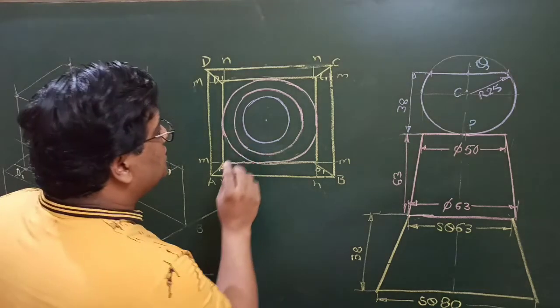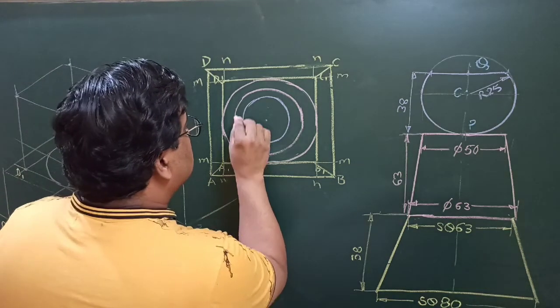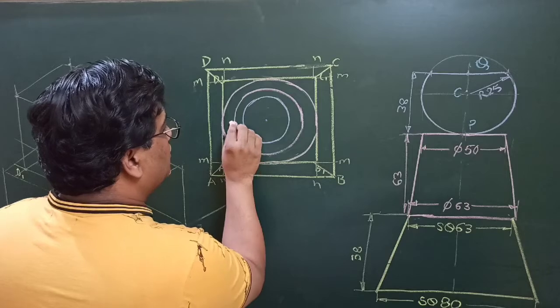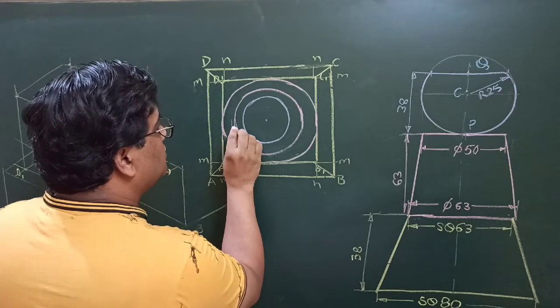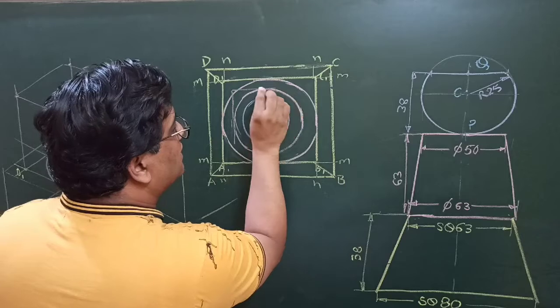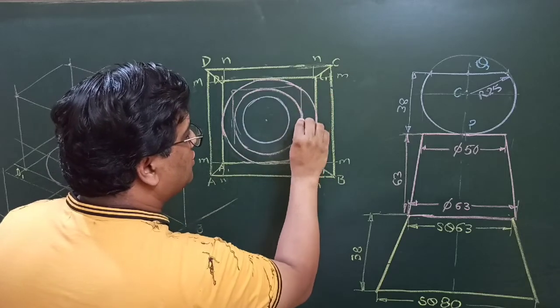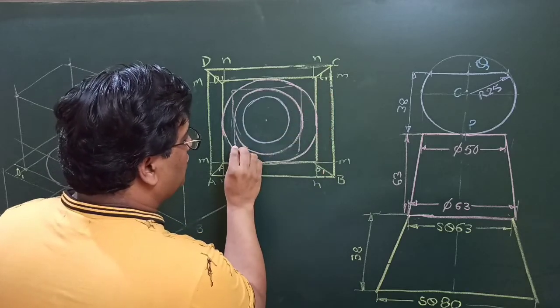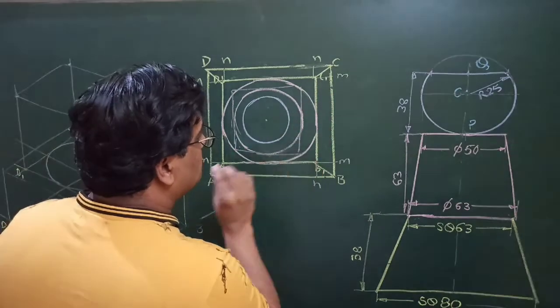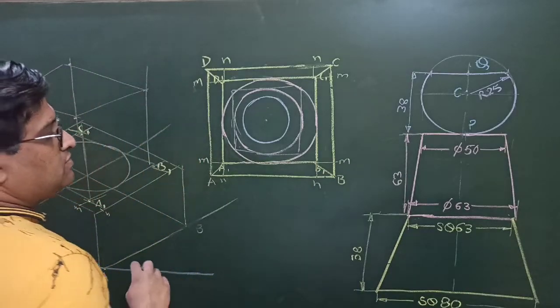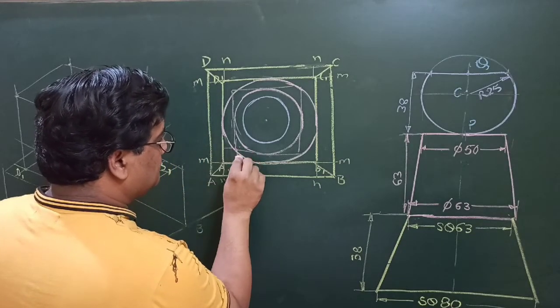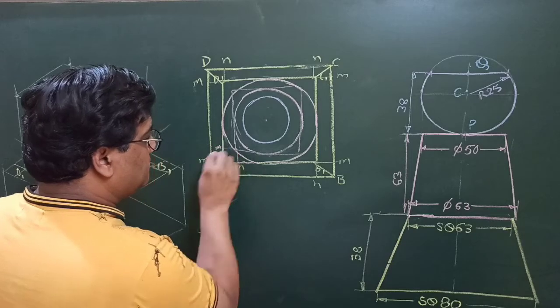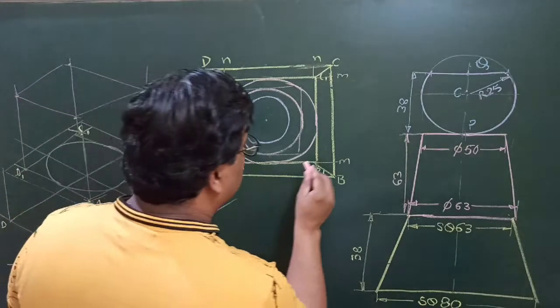Again, to draw the smaller circle, you can enclose this pink color circle into a square. As the methodology says, you always have to enclose the top views into four-sided figures, maybe rectangles or squares.